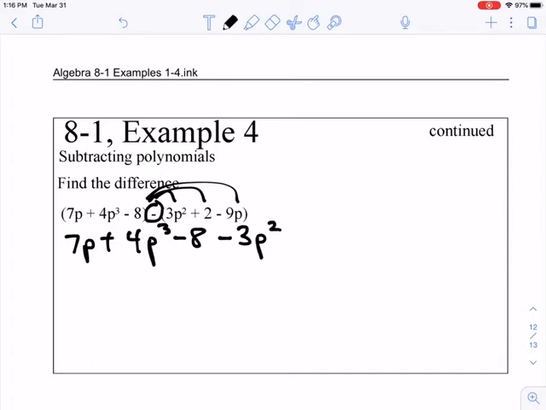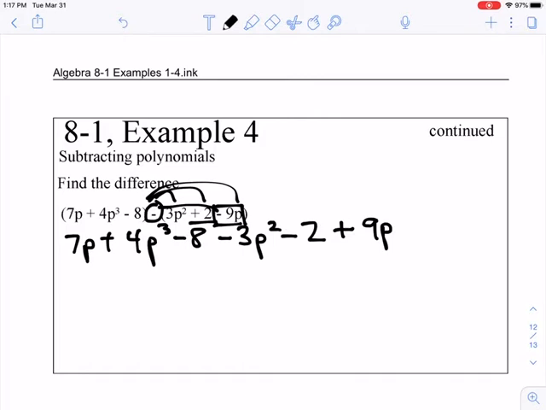It's going to take this 2 and turn it to a negative, so -2. And then it's going to take this -9p, and you've got the negative sign acting on a negative, so that becomes a positive. So if you don't remember your double negatives, you're going to run into some problems with these.